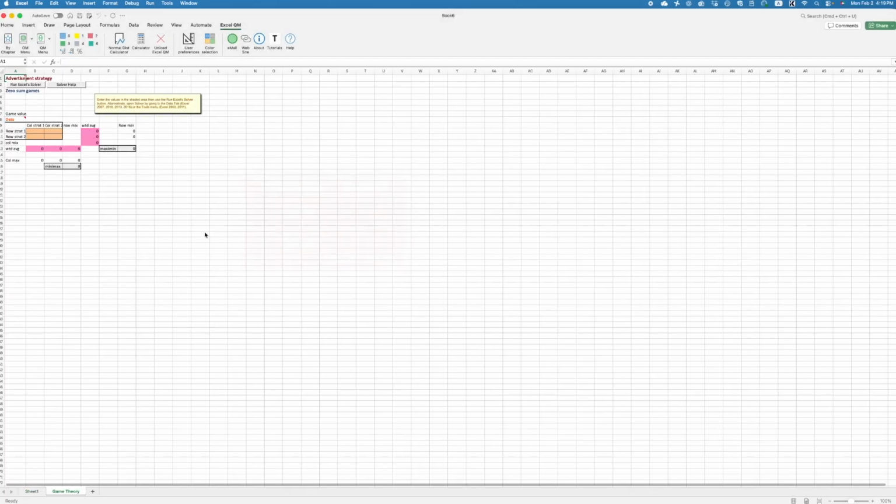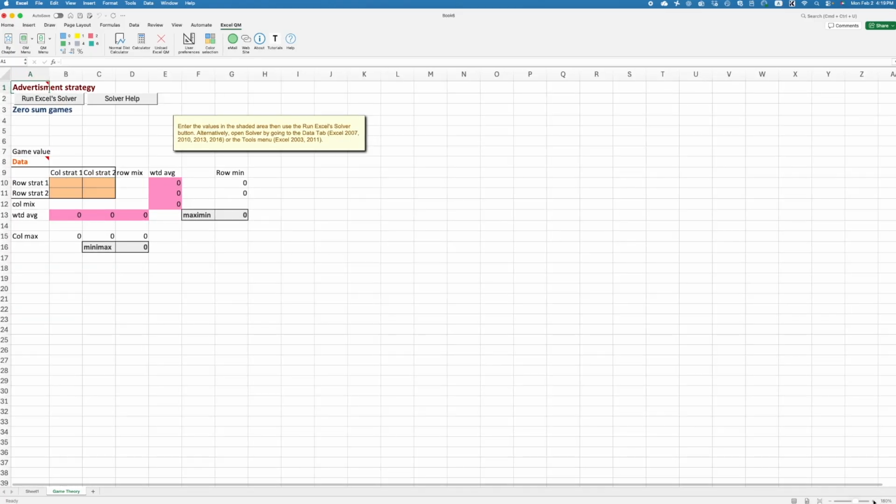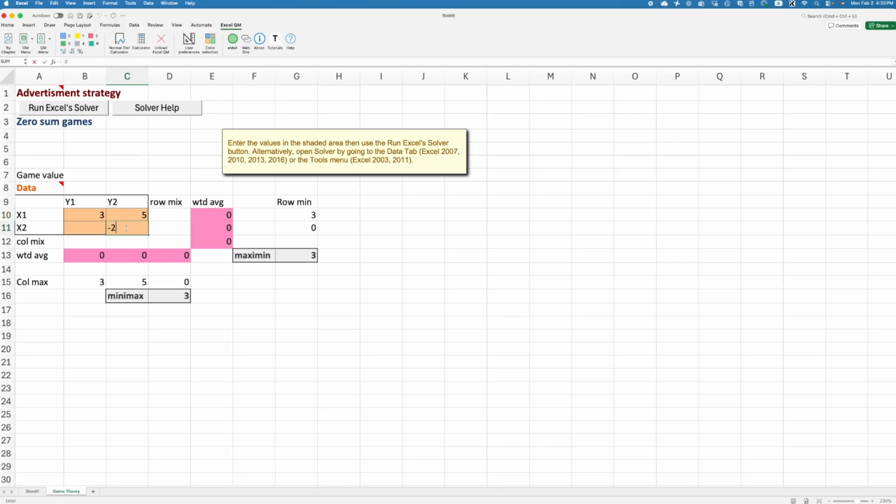Click OK. Now you can see the payoff matrix is here. I call these strategies Y1, Y2, X1, X2. I'm just copying the numbers from the example. This was 3, 5, -2, and 1.